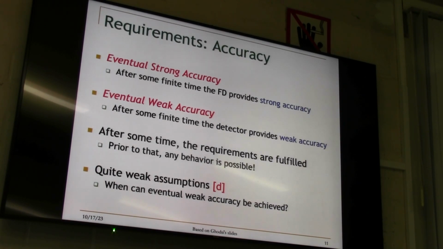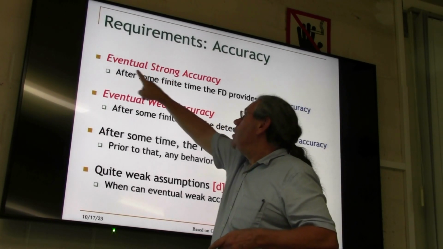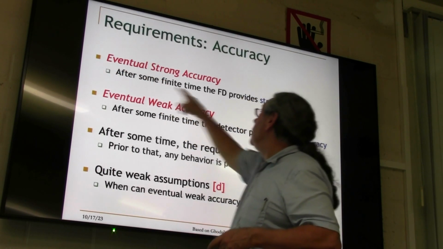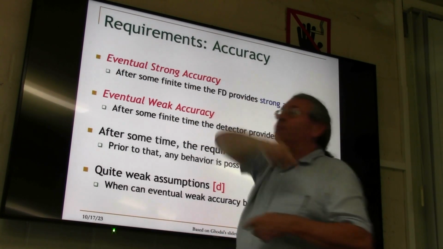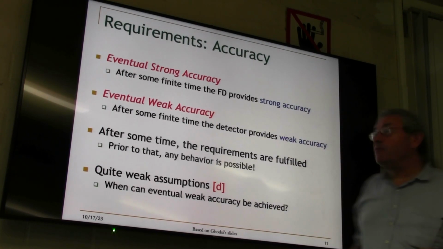I just want to explain to you the different possibilities. All these properties also have eventual versions, like eventual strong accuracy. That means I'm allowed to make mistakes, but after some time, I won't anymore. So that's going in the direction of partial synchrony.